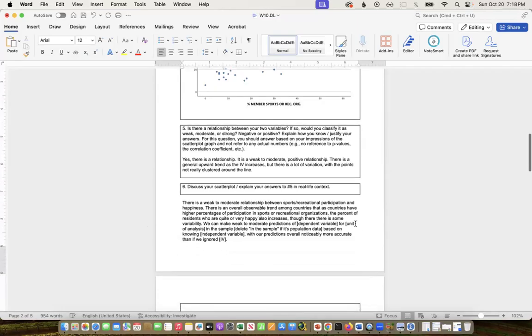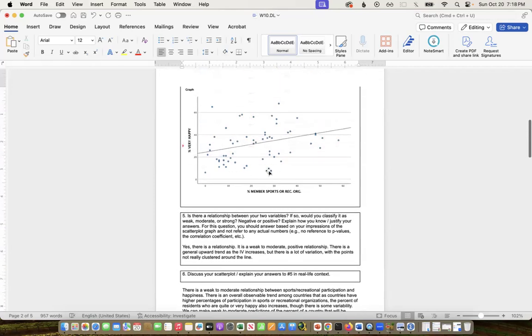We can make weak to moderate predictions of the percent of a country that will be quite or very happy based on knowing the percent of the country that is in a sports or recreational organization, with our predictions overall noticeably more accurate than if we ignored the percent of the sports recreational participation. Okay, so there's my real life context explaining what I'm seeing here.